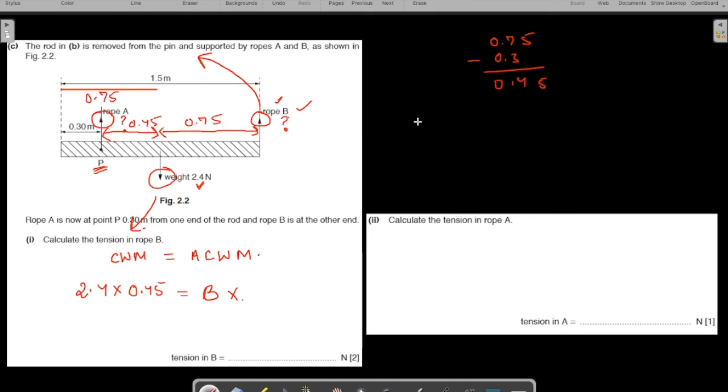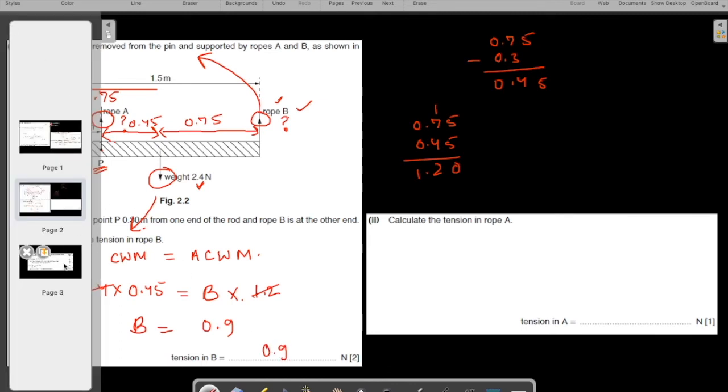So how much does it become? 1.2. Now solve this equation for the variable B, which is very straightforward. All you need to do is some calculations. So it goes 2 times here, so the tension is 0.9 newtons.